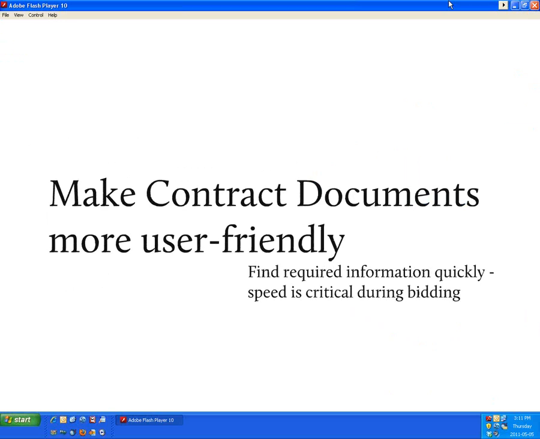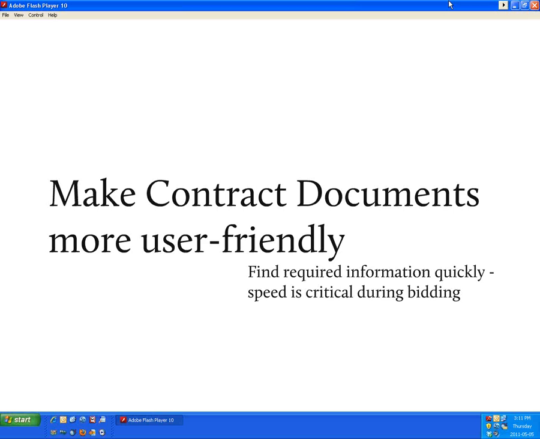We need to make the contract documents more user-friendly. Now, think about this. We as architects and specifiers are working on the project. It could be 3 months, 4 months, could be a year and a half or longer. And when we get to the end, we're trying to turn this over to a contractor to be able to estimate this project.